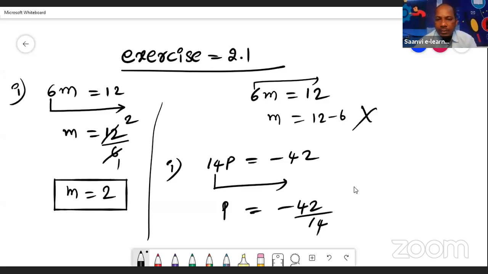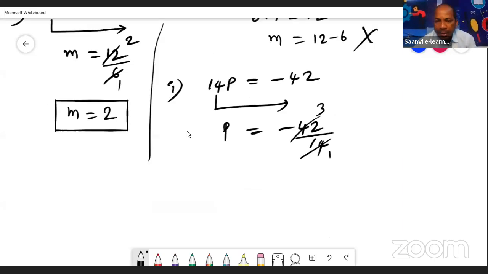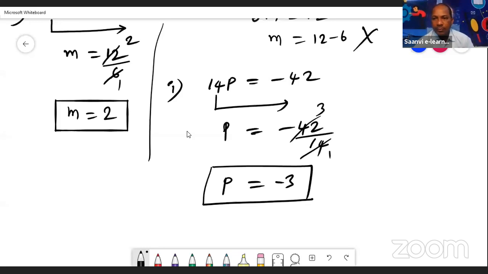Okay. When we simplify this, 14 1s are 14, 14 3s are 42. Now what is the p value here? p is equal to minus 3 by 1, which is nothing but minus 3. Okay. p is equal to minus 3 is the answer. Right.